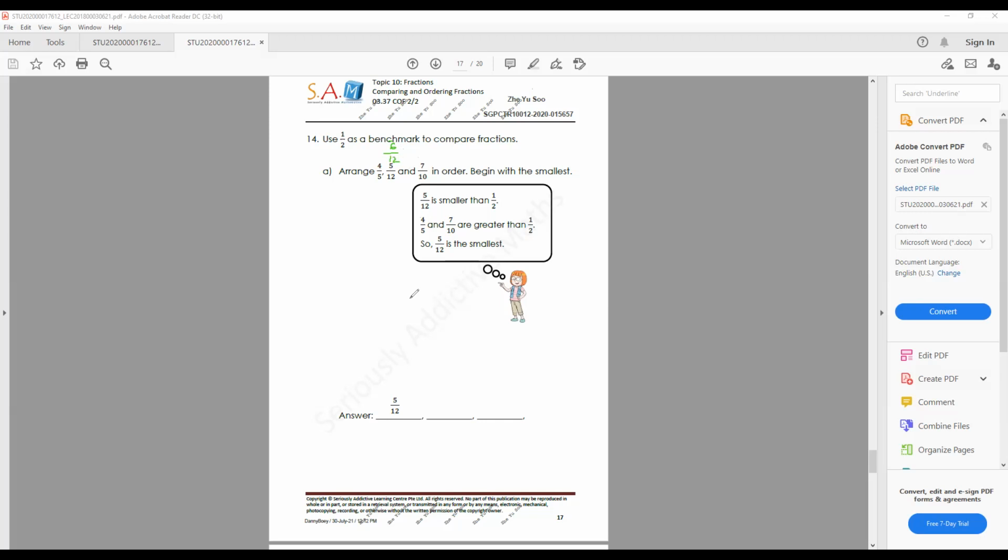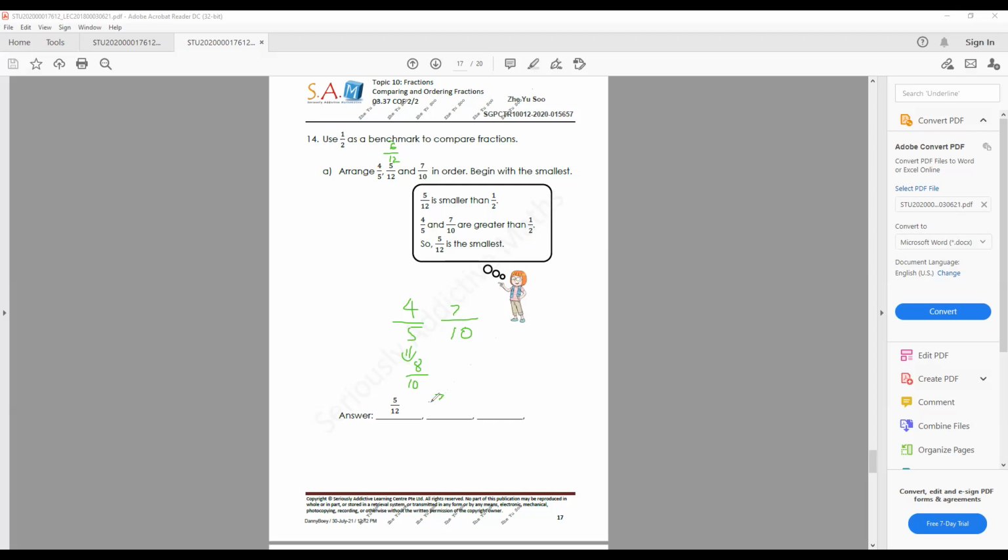Now let's compare 4/5 and 7/10. There are a few ways to do it. You can use the X-Men method, or you can use the equivalent fraction method. If you use the equivalent fraction method, 4 out of 5 is the same as, I'm not going to show you the working because I think you're very familiar with it by now, 8 out of 10. So 7 out of 10 is smaller than 4 out of 5.